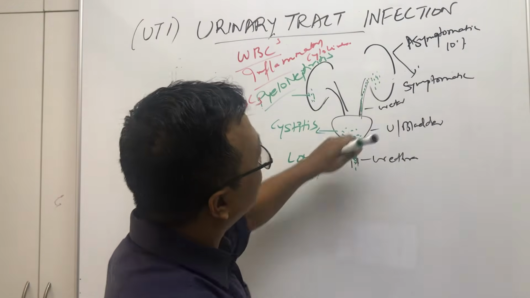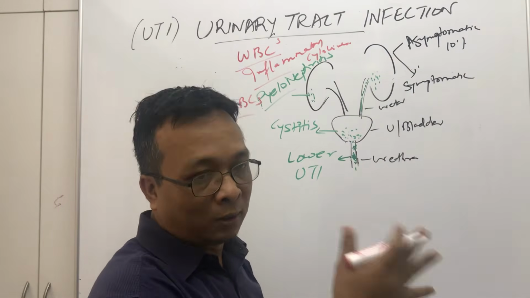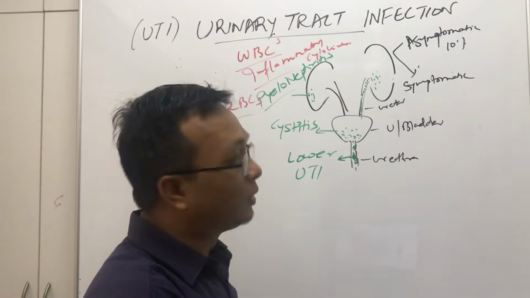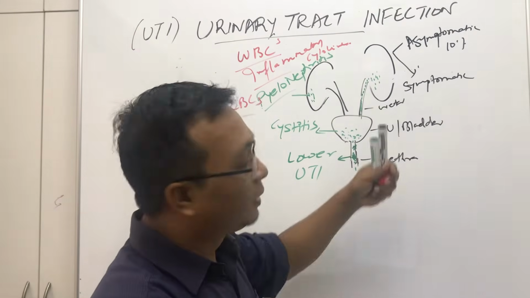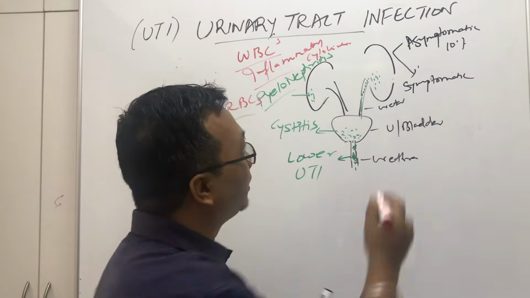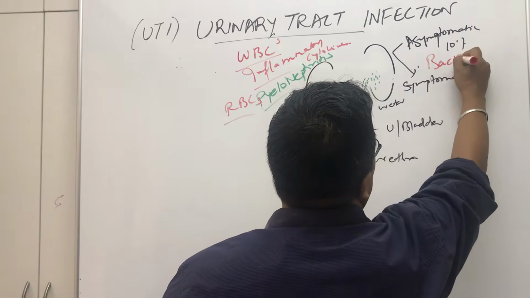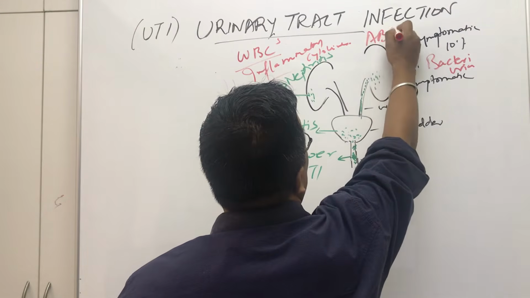The only difference is that, as the name suggests, asymptomatic patients don't have any pain, and the clinical features will be absent, which we'll discuss later. But in both situations you can find this urine report. Asymptomatic bacteriuria we commonly call ABU.